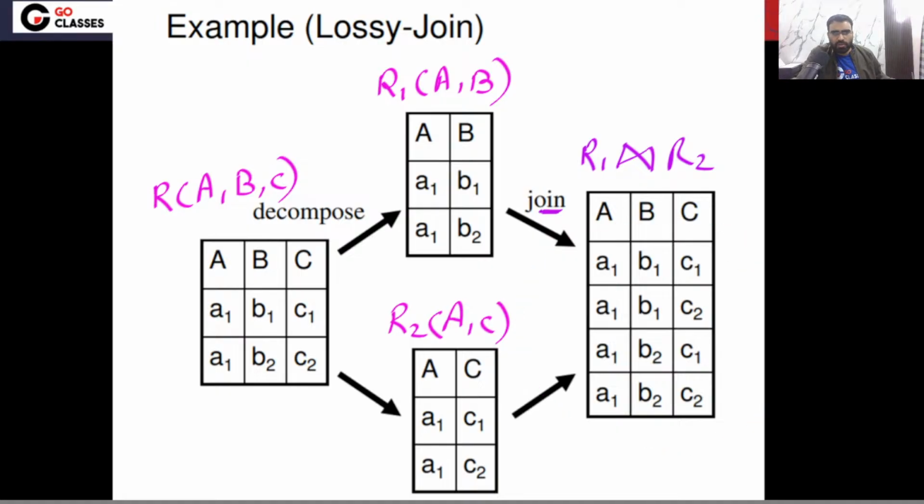Now you notice one thing: this tuple is in the original relation, that is fine. But you can see that this tuple is not in the original relation. Also, this tuple is not in the original relation. So look at these two tuples.